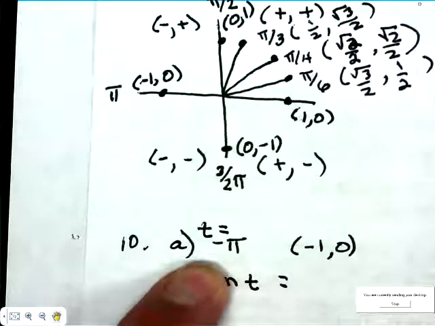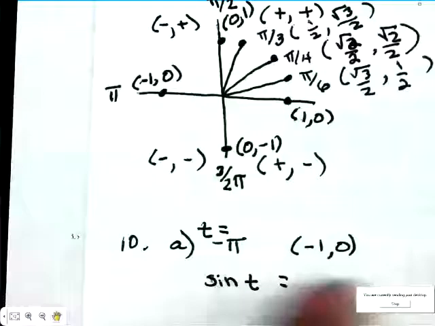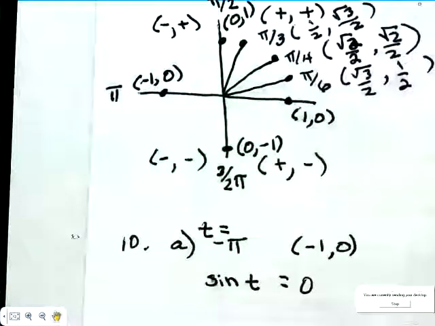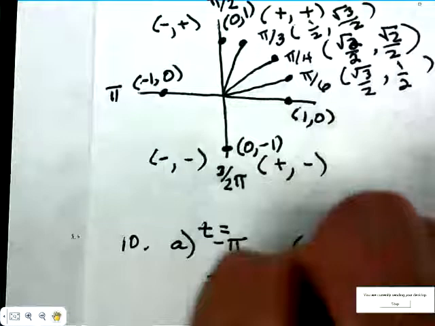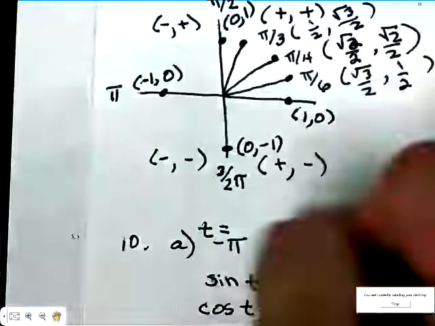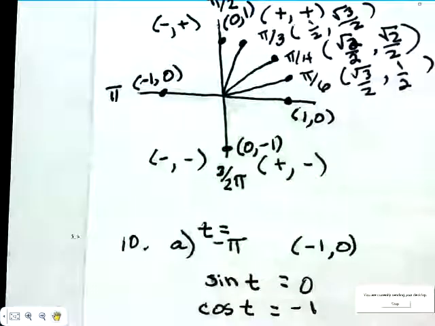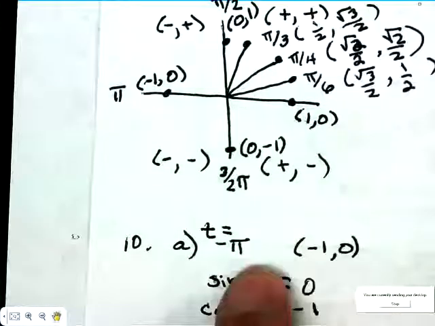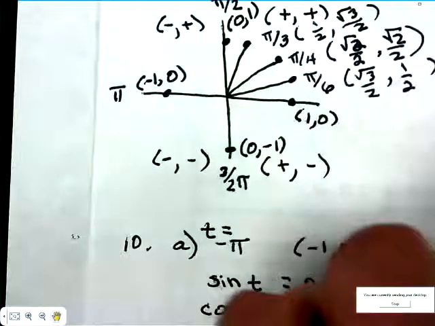Is it the x or the y? Sine is the y. So sine of t would be 0. Cosine of t would be the x, -1. Tangent t is the y over the x, which would be 0.